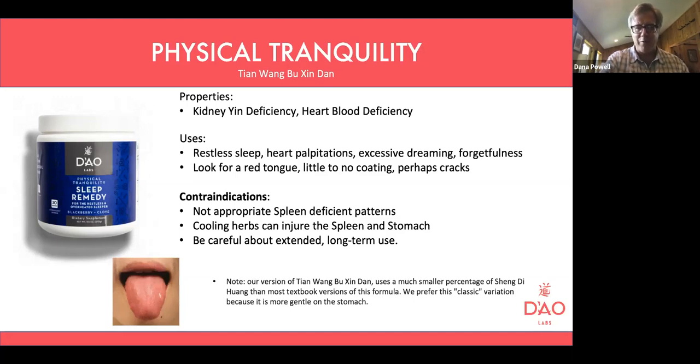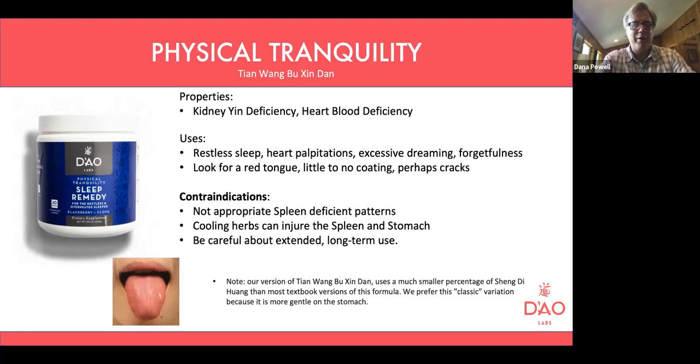And as you know from your training, cooling herbs are kind of cloying, if you will, heavy. They can over time injure the spleen and stomach. So you may start off with a tongue like this, and you may find them doing quite well for a while, but then gradually over time, the cooling herbs can become too much. It may take a while, but I've had that happen.